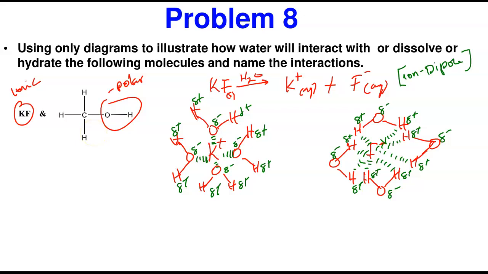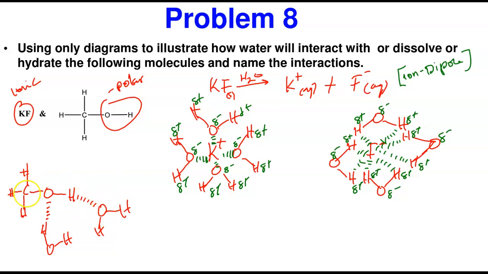If I get back my red, I'm going to see that this C here. Now remember, carbon to hydrogen bond is non-polar. We don't have any interest there. But for this one, there's an interest. So water molecules are going to begin to surround this one. This O can interact with a hydrogen at this point, and this one can interact with an oxygen, and then there's an interaction here.